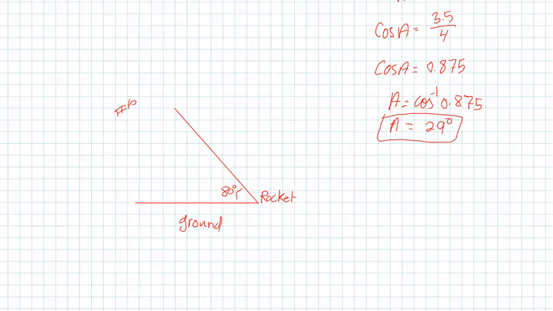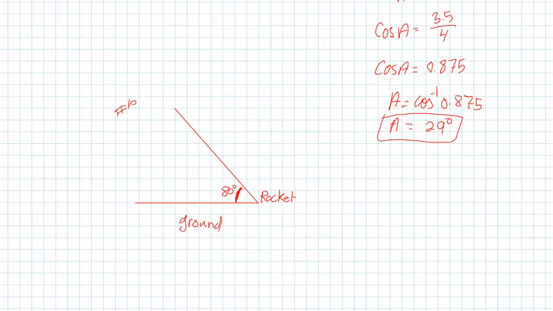Okay, now the question is, after that rocket has traveled for, what's the question again? 15 kilometers. Have traveled 15 kilometers. What is the altitude? I think I made a mistake on your stuff.